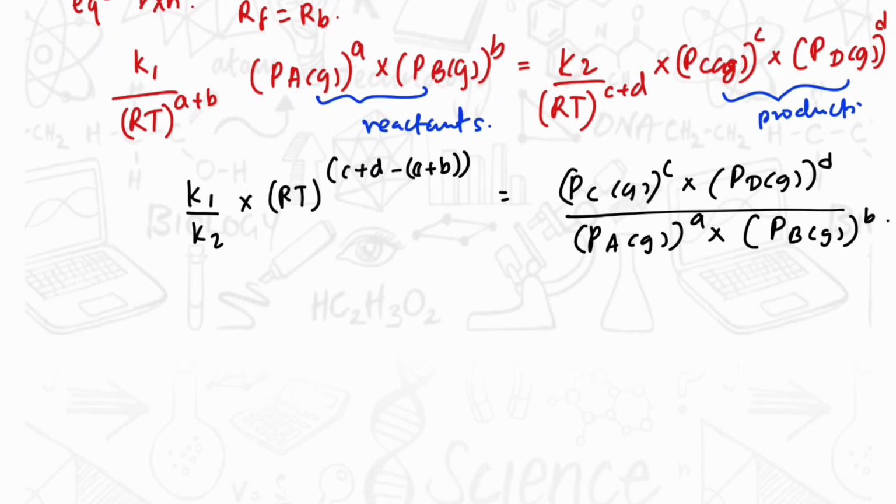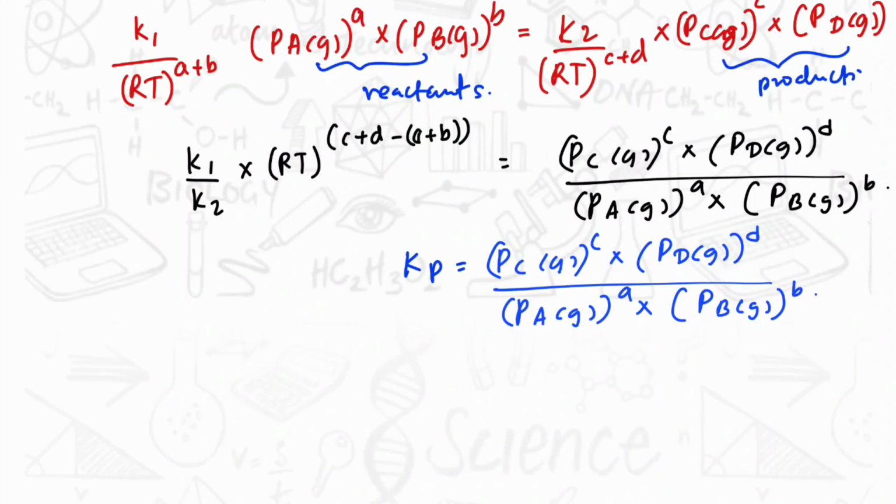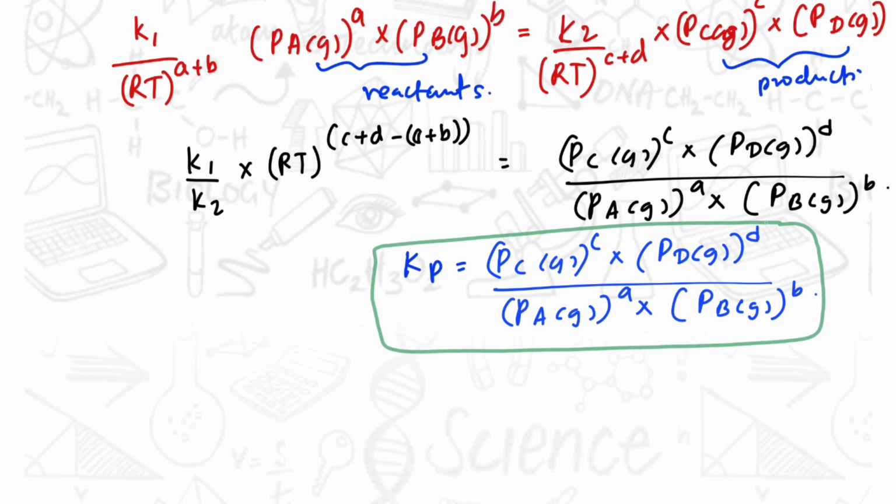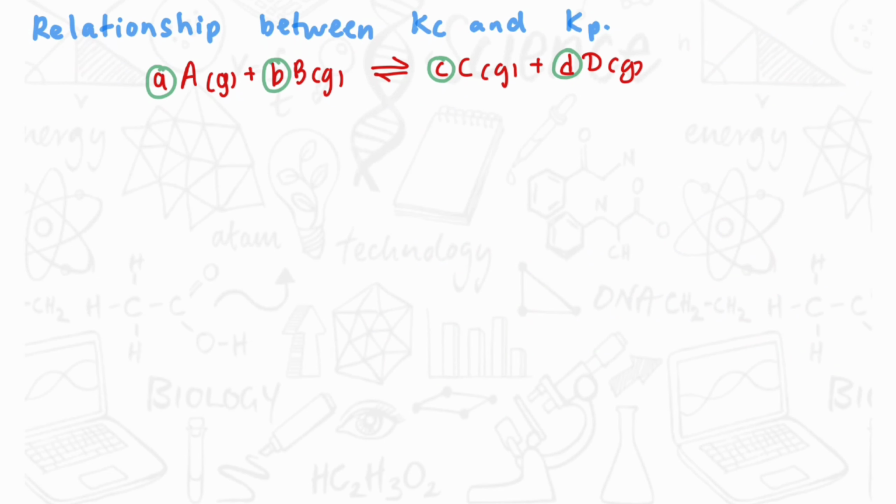So according to the equilibrium law, this will be Kp. And finally, we have the equation Kp is equal to partial pressure of C to the power c and partial pressure of D to the power d over partial pressure of A to the power a times partial pressure of B to the power small b.